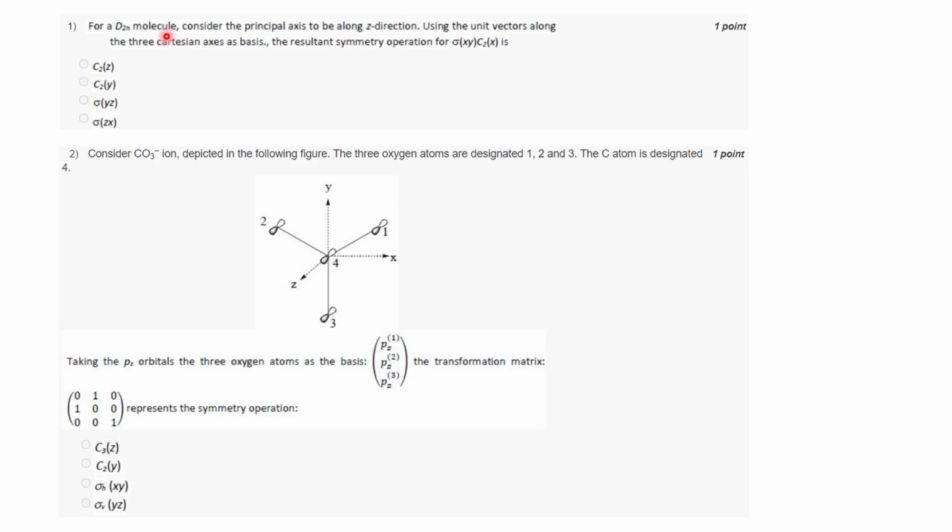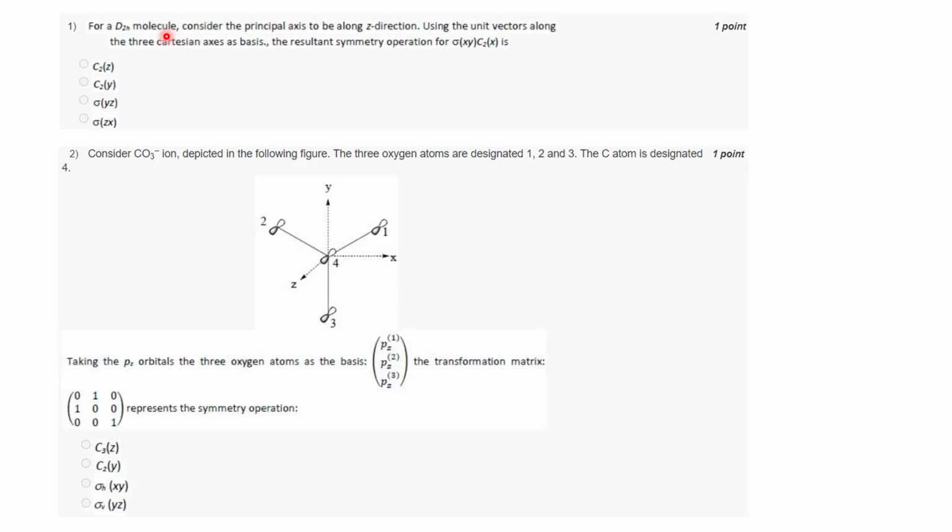So first problem, D2h molecule. Can you tell me which molecule can have D2h? It should have a molecular plane, and C2 axes. C2H4 is the molecule.